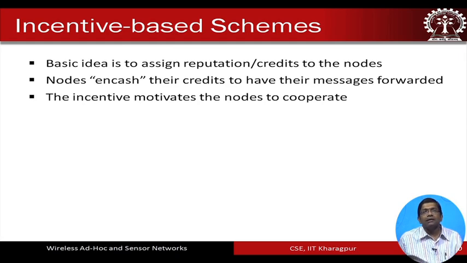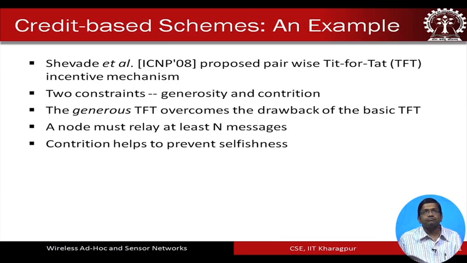So, basically there is an incentive for cooperation in terms of earning the credits, so that it can encash the credits that it has earned at a later point of time to forward its message.